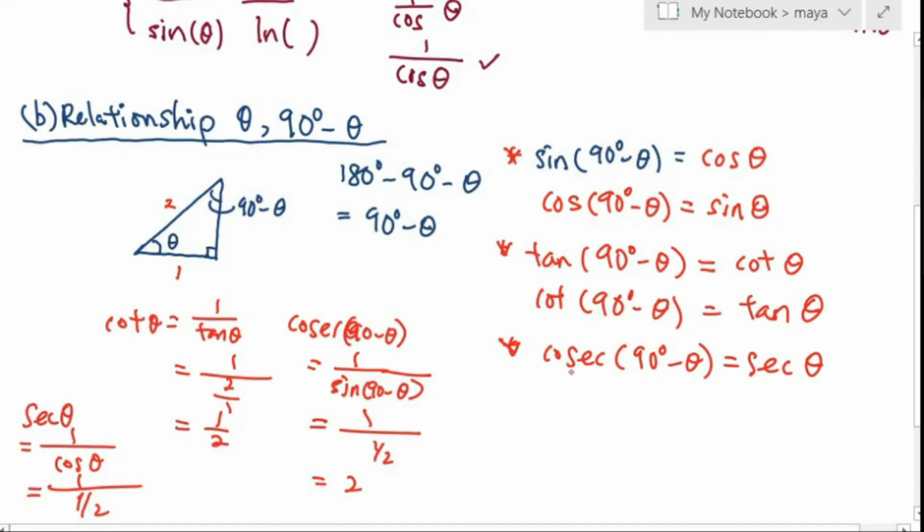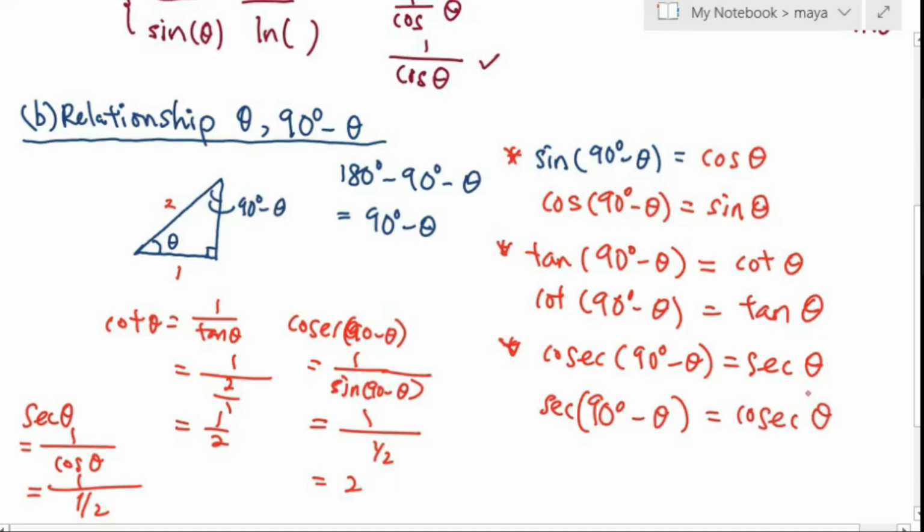This means the trigonometric functions cosecant and secant are friends, cotangent and tangent are friends, sin and cos are friends, for these opposite angles. Therefore, for the last part, secant 90 degree minus theta equals cosecant theta.